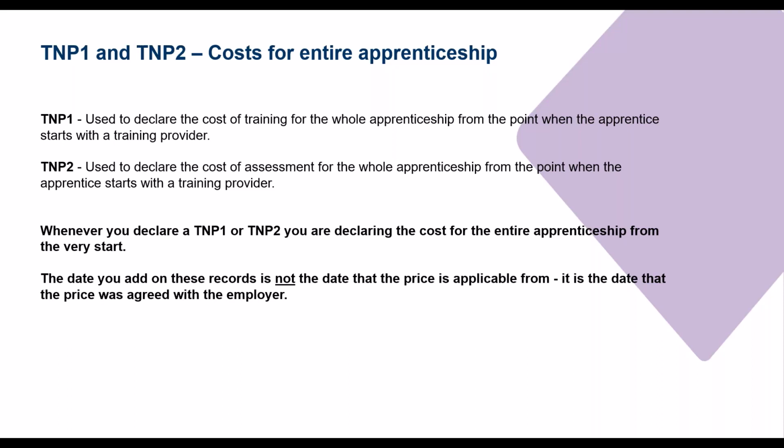And those dates must fall within the current funding year. So we're currently in the 22-23 funding year, which runs from the 1st of August 2022 to the 31st of July 2023. So any TNP1 and TNP2 records that you add must be dated between those dates.